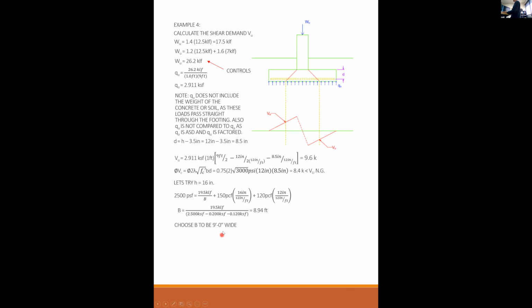Luckily, I can still use my 9-foot wide footing, so that didn't change. D is H minus 3.5, which is 16 minus 3.5, or 12.5. So my VU, I have to recalculate, right? Because D is 12.5 now instead of 8.5. So that makes VU go down just a little bit. Why? Because we got a little bit farther away from this wall. That's why.